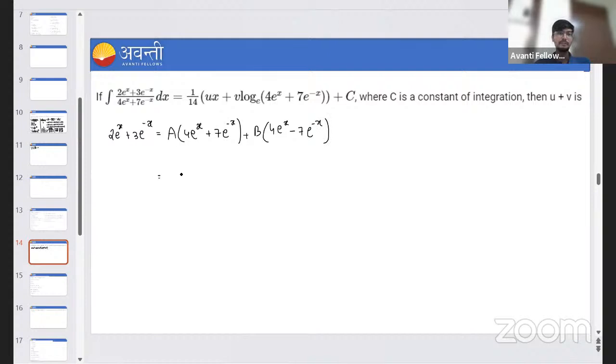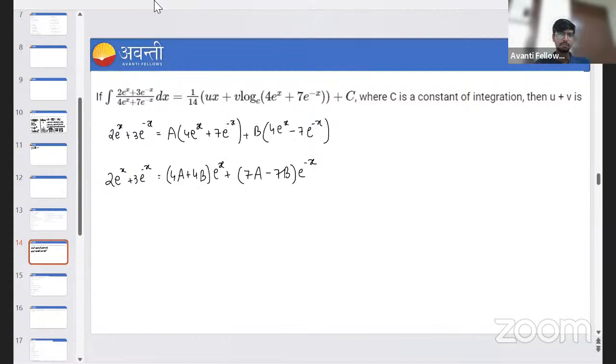Let us compare the coefficients. So if I calculate e raised to x coefficient, it is 4a plus 4b into e raised to x, plus e raised to minus x, 7a minus 7b into e raised to minus x. And here it is 2 e raised to x plus 3 e raised to minus x. So if I compare, I can cut 2, right?